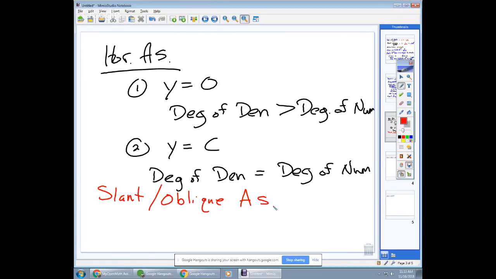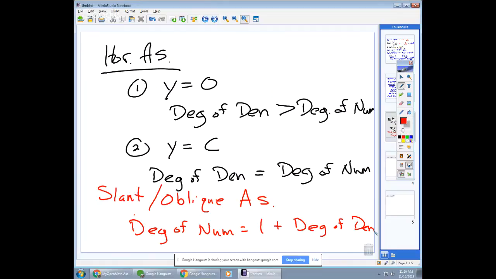And that's going to happen if the degree of the numerator is 1 more than the degree of the denominator. You get a slant asymptote.